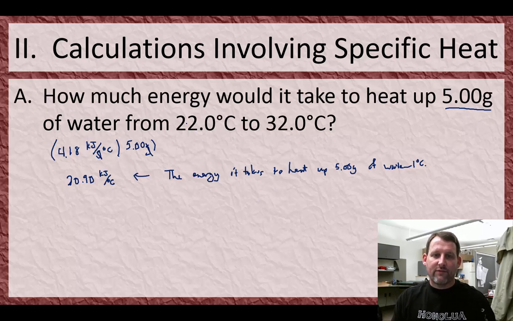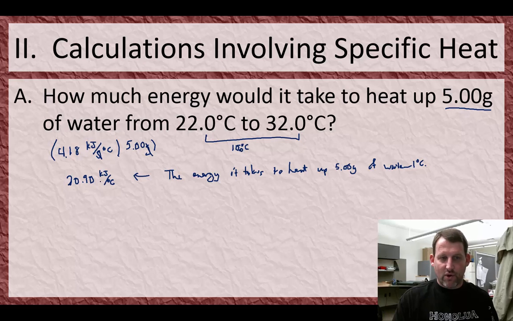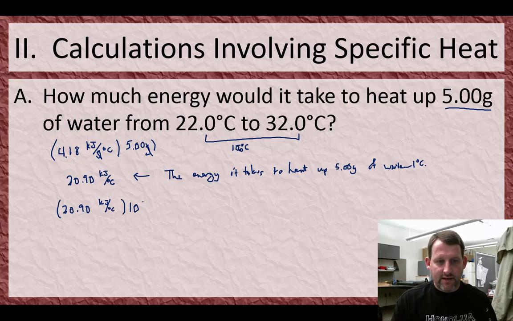We want to heat all the way from 22 to 32, and this is a 10 degrees Celsius, 10.0 actually, degrees Celsius change. So I'm going to need not just this energy, this is the energy it takes to go 1 degree Celsius, I'm going to need 10 times that. So to find the final answer, I'm going to take 20.90 kilojoules per degree Celsius and multiply by my temperature change here, which is 10 degrees Celsius.